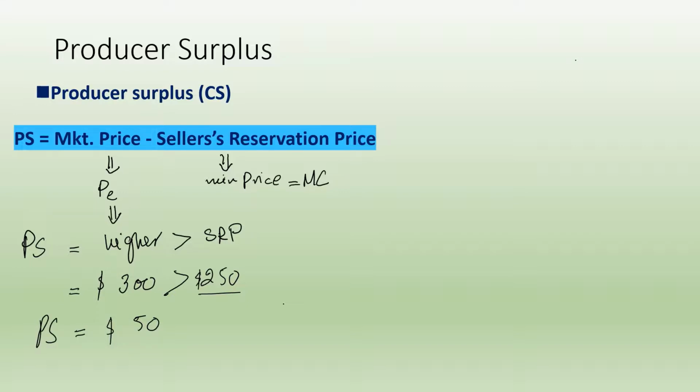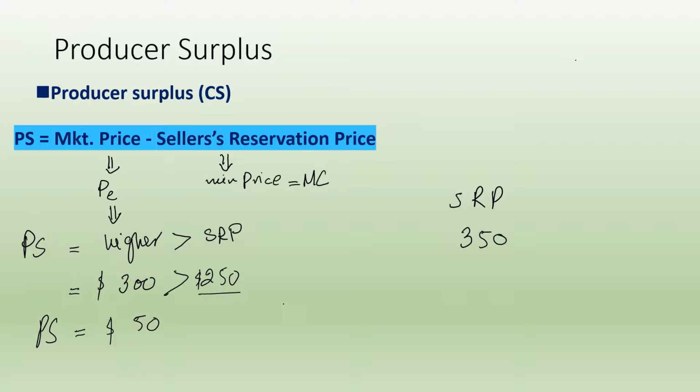In the same way, we can also consider other reservation prices for a laptop, because there are many producers in the market of a good who are supplying or selling the same product. So it is possible that some seller's reservation price is, let us say, 350.